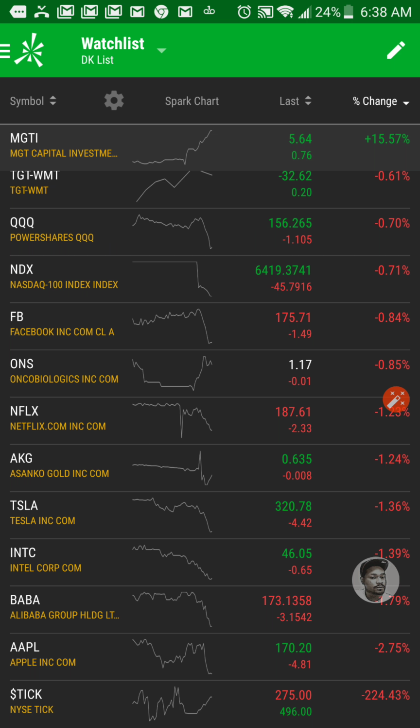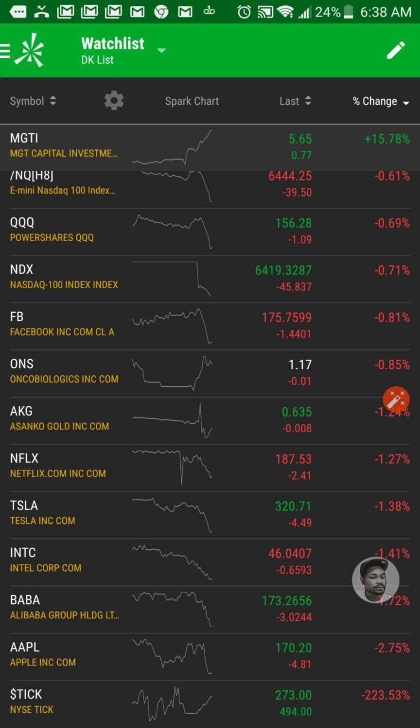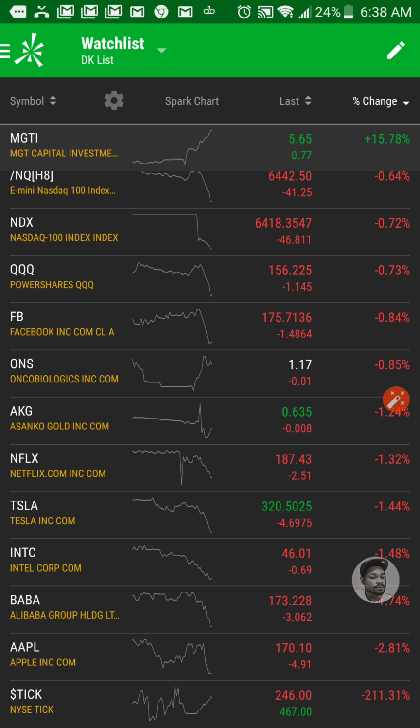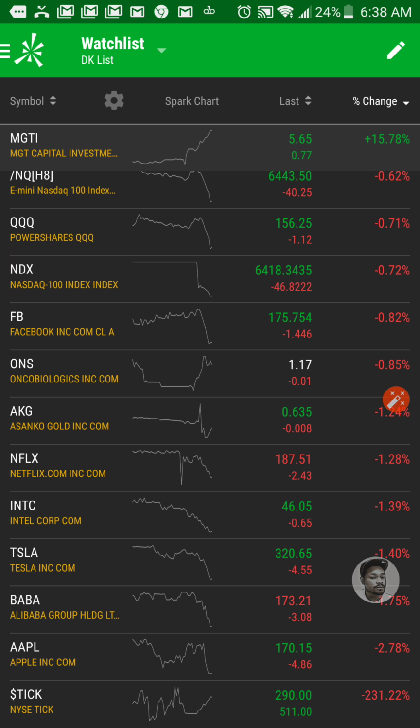Like the tick chart, don't worry about tick. That doesn't even matter. But what does matter about the tick chart is how many stocks are actually down in the market. That's what the tick is, an indicator.